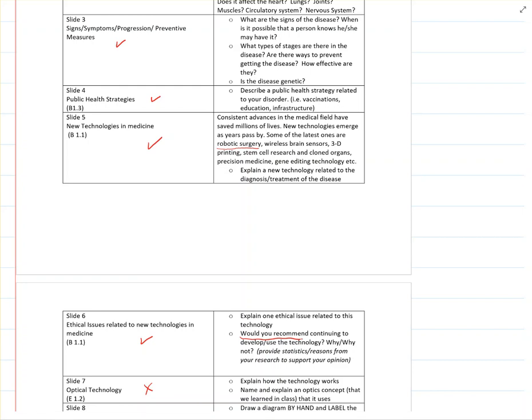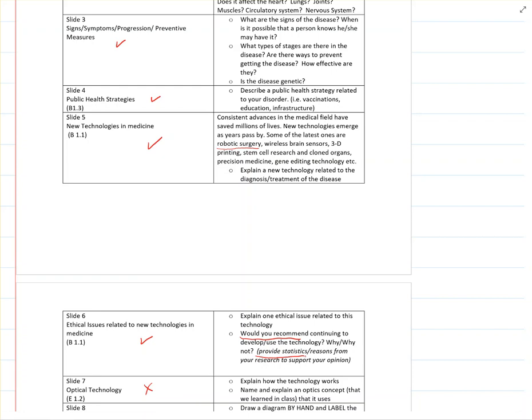Now it is not just going to be enough for you to say, oh yes, I agree, let's use it, or oh no, I don't agree. You have to now support your opinion by doing some research and providing statistics. So if you like it, why do you like it? Give us some statistics. So basically, if it's a good technology, you can look for statistics related to it.